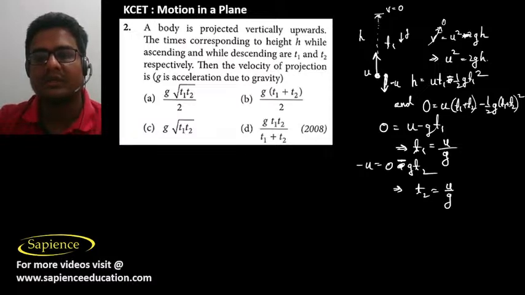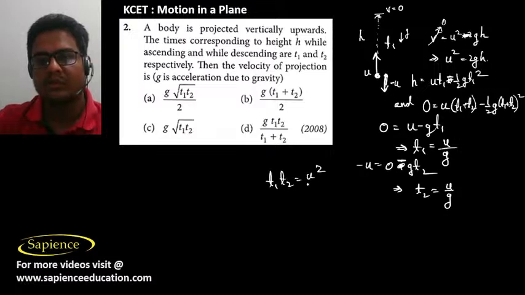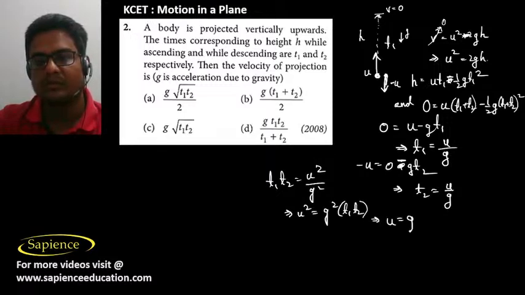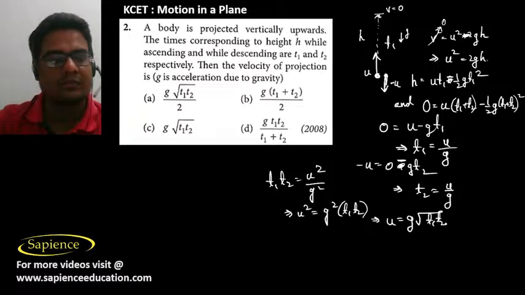So t1 and t2 both are u by g. So t1 into t2 is equal to u square by g square. Therefore u square will be equal to g square into t1 t2, so u will be equal to g into root over t1 t2.